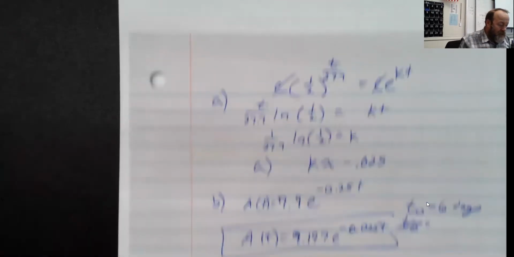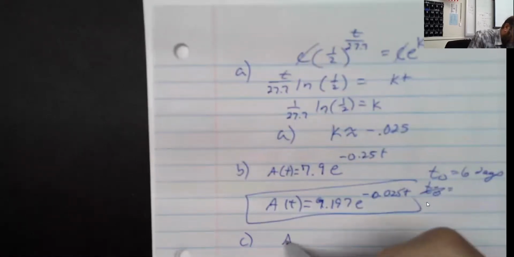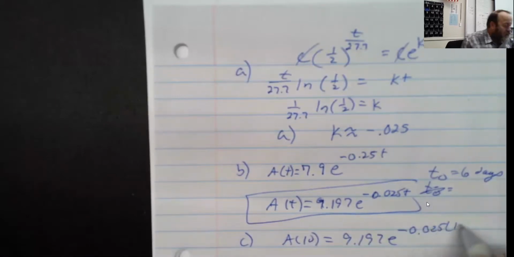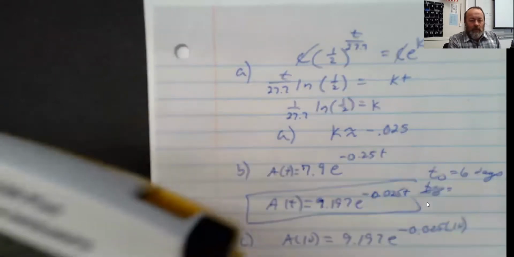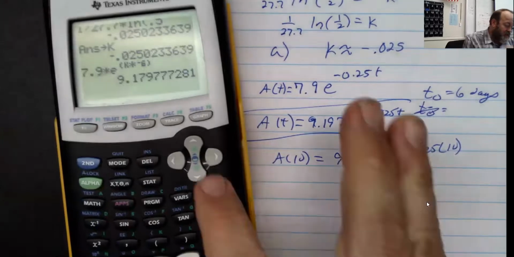Now, for part C, it asks what is going to happen in 10 days. All I have to do is find a of 10. Again, the power of storing these values as you go is quite substantial.